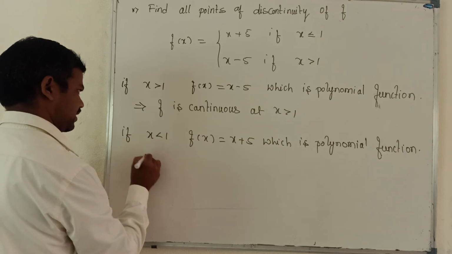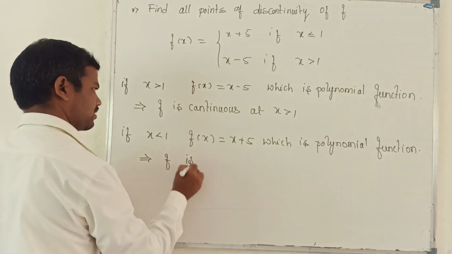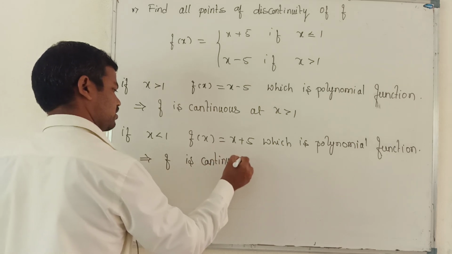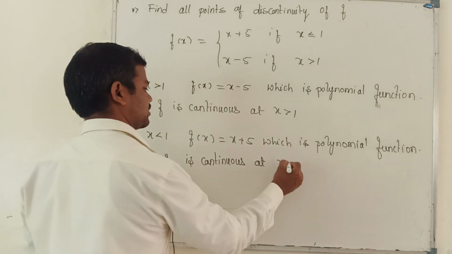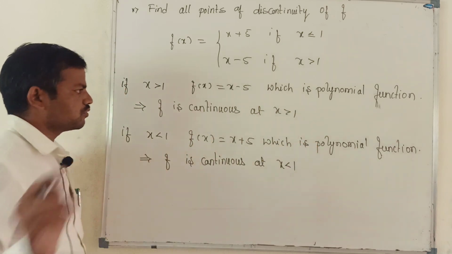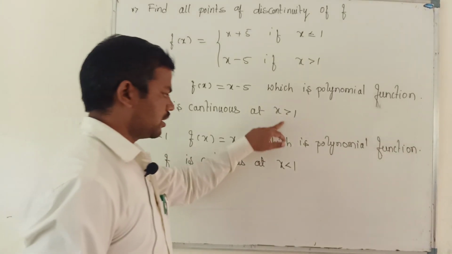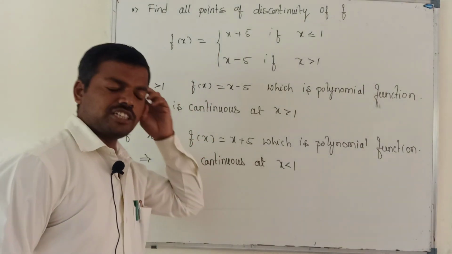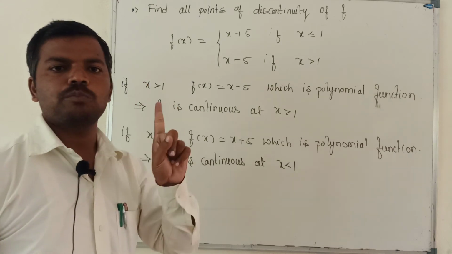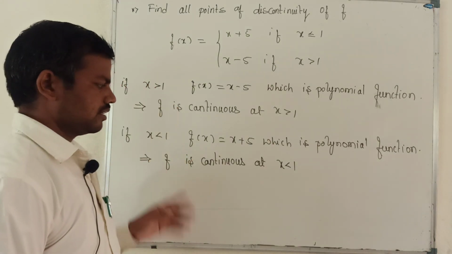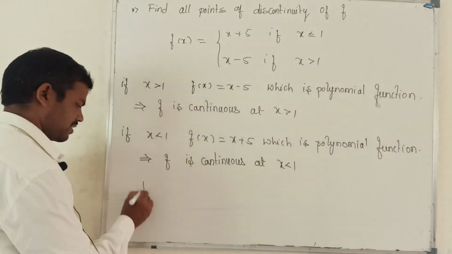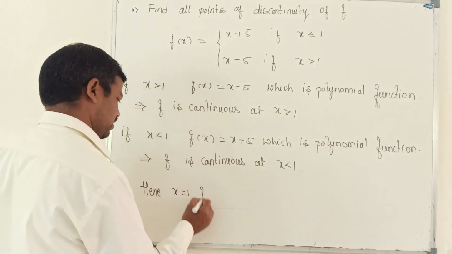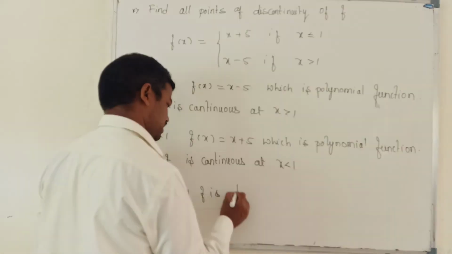So f is continuous at x less than 1. Here it confirms that for every x greater than 1 or less than 1 the function is continuous, but at x equal to 1 the function is discontinuous. That is only one point of discontinuity. Hence we write that f is discontinuous at x equal to 1.